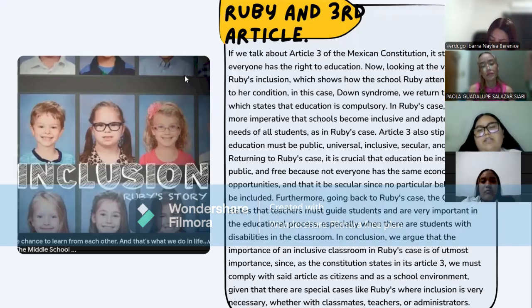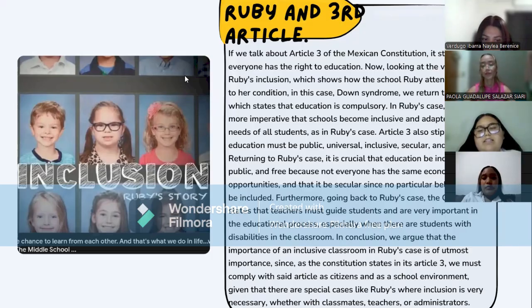Now, looking at the video of Ruby's inclusion, which shows how the school Ruby attends adapts to her condition, in this case Down syndrome, we turn to Article 3, which states that education is compulsory.